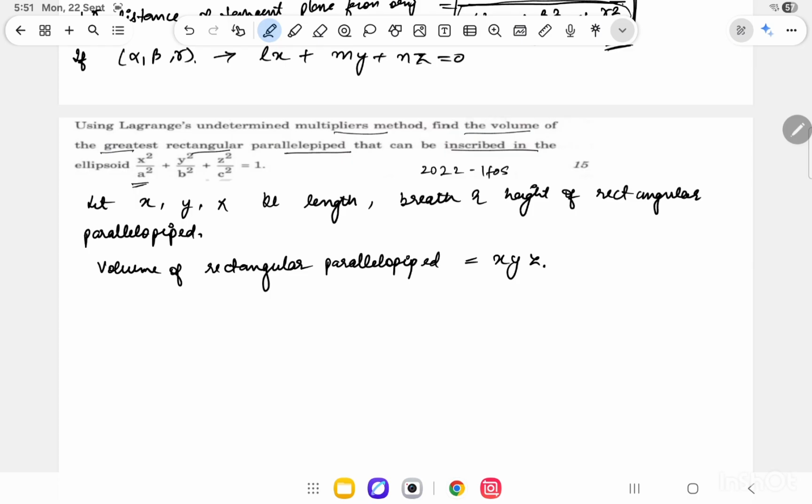And we are supposed to maximize this volume such that this rectangular parallelepiped can be inscribed in the given ellipsoid.